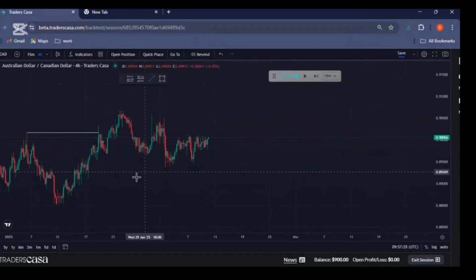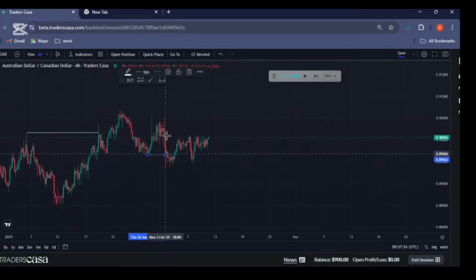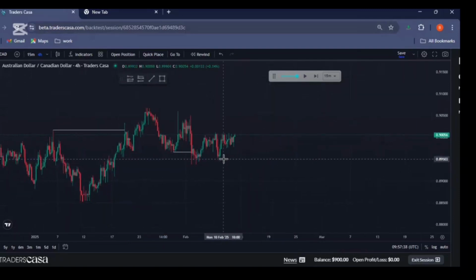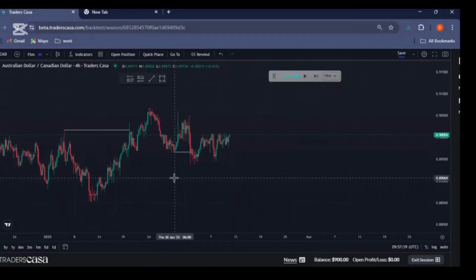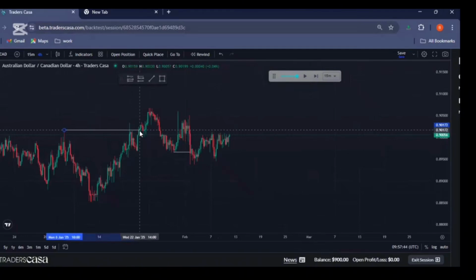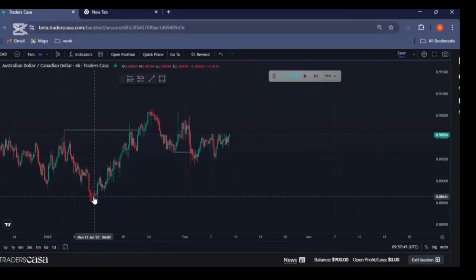If you can see on this chart, the most recent break of structure we had was this. That's the most recent one. But if we look backward more, you will see that the prevailing market structure is this one. That's the major break of structure we had in the past.